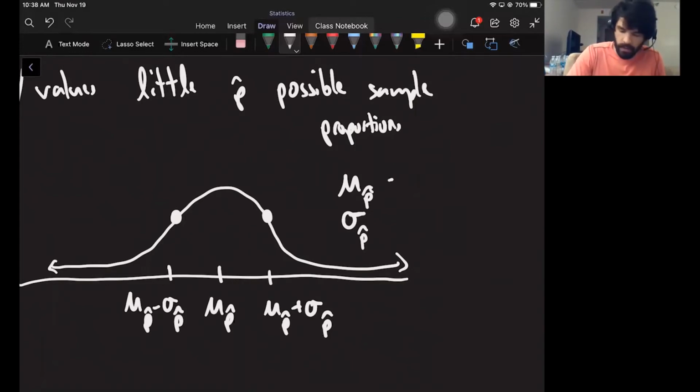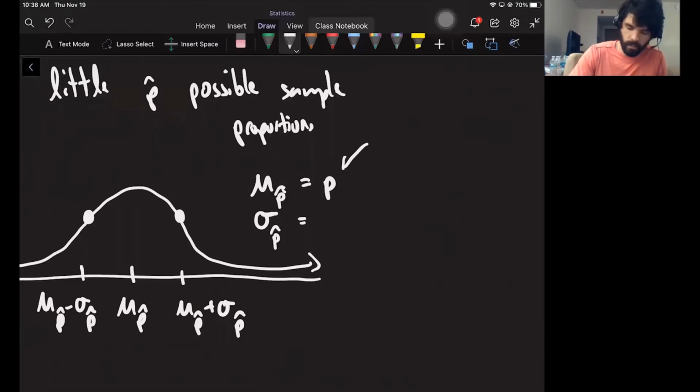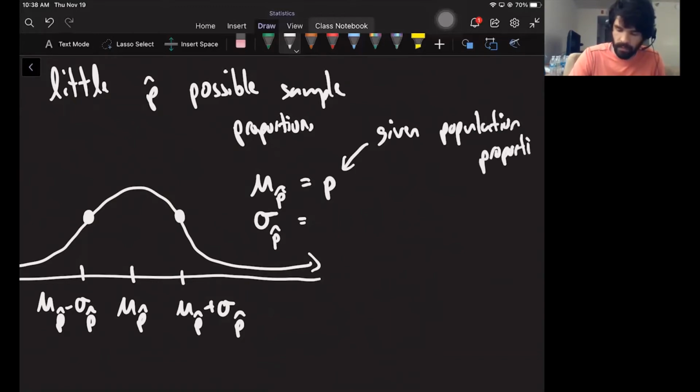But what are these numbers? The mean will just be the exact same proportion that you're given. Just to remind you, this is the given population proportion, so in the previous problem it would have been 0.15. The standard deviation is a bit more complicated.